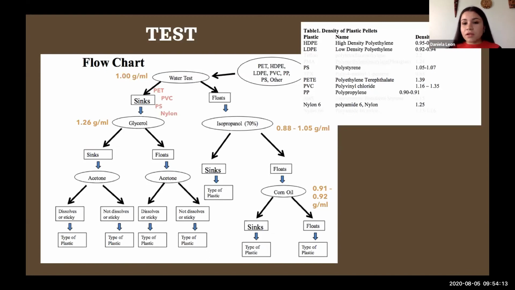The ones with a lower density, such as high density polyethylene, low density polyethylene, and polypropylene, will float. So on my screen, I'm going to show you the results for the water test. I hope you can see that some of them are at the bottom and some are floating.